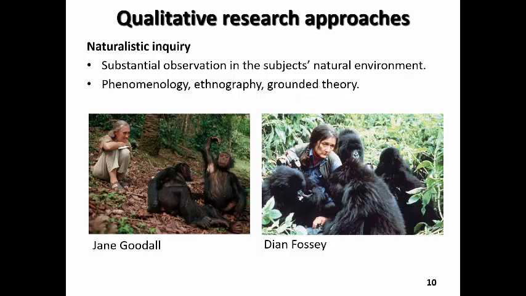So what we see here are 2 researchers that were dispatched decades ago to different regions of the African continent to study behaviors and patterns in the great apes. Jane Goodall and Diane Fossey were known for their research in which they immersed themselves into the natural setting and the community of the great apes to make those very specific observations.